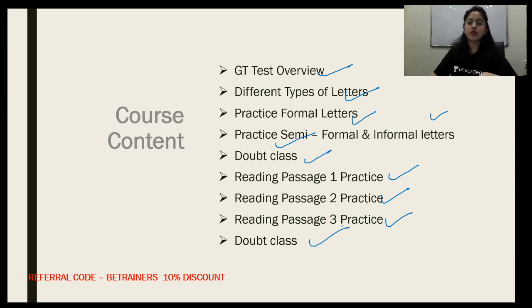Now, it's very important to understand that both writing task 1 and the reading examination are different from the academic examination, and that is the reason why for a general training student you need to follow this course properly in order to score a higher band.